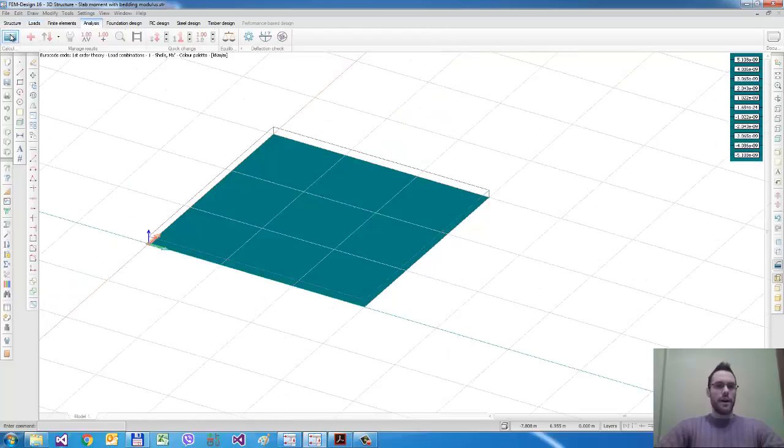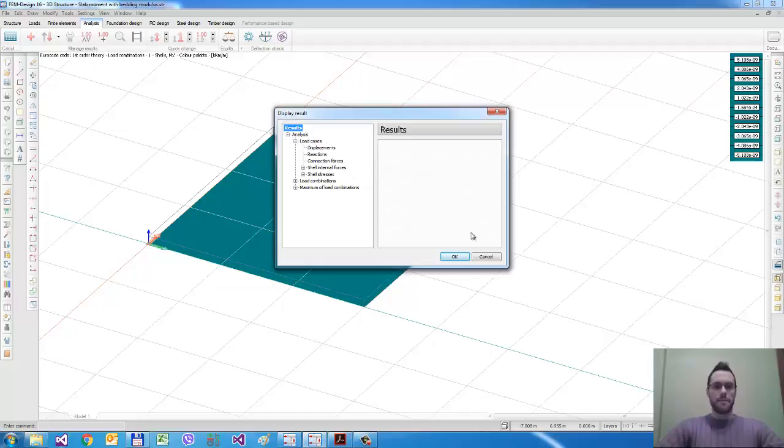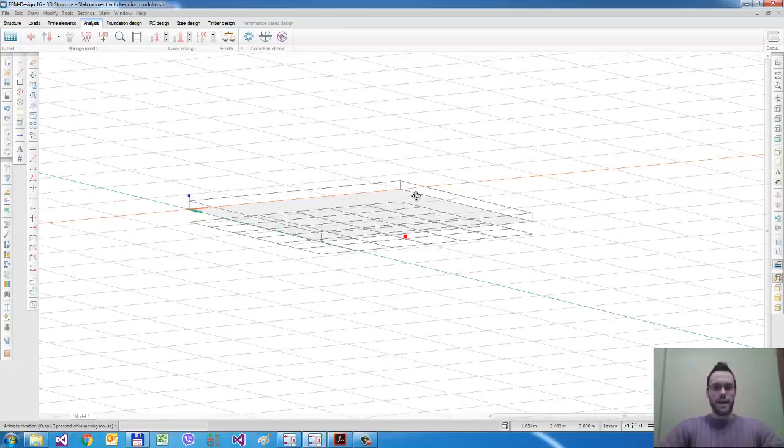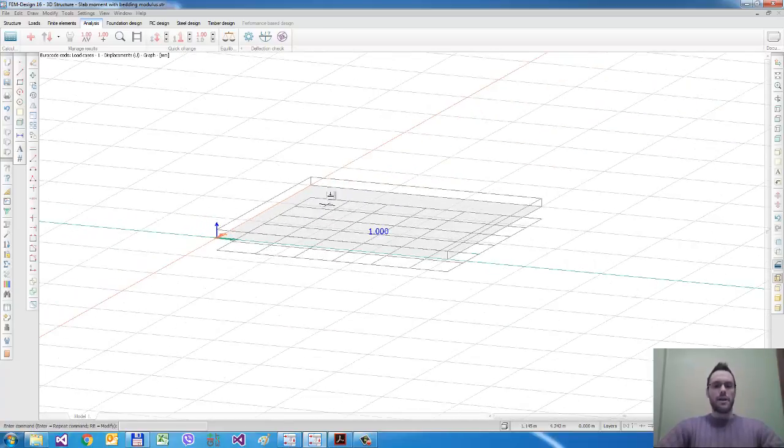If I check the displacement according to this load, you can see we have constant displacement on both nodes of this foundation slab. Because we have just a uniform load at the top of the slab and a constant bedding modulus under the slab, we get the same settlement in every point of the slab.